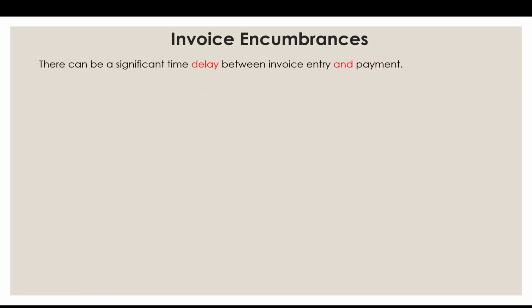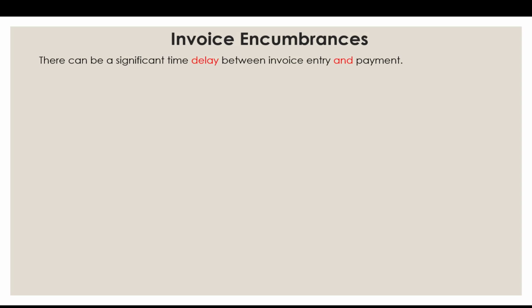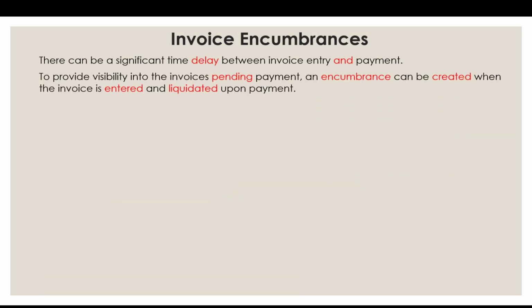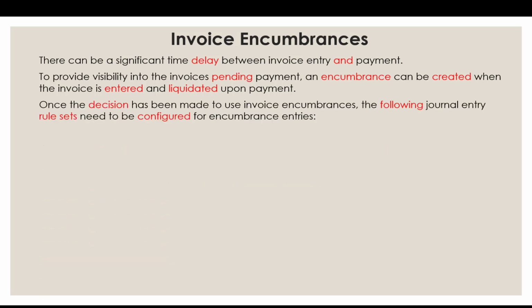The other part is invoice encumbrance. There can be a significant time delay between invoice entry and the payment. To provide visibility into the invoices pending payment, encumbrance can be created when the invoice is entered and liquidated upon payment. Once the decision has been made to use invoice encumbrance, the following journal entry rule sets need to be configured for encumbrance entries.